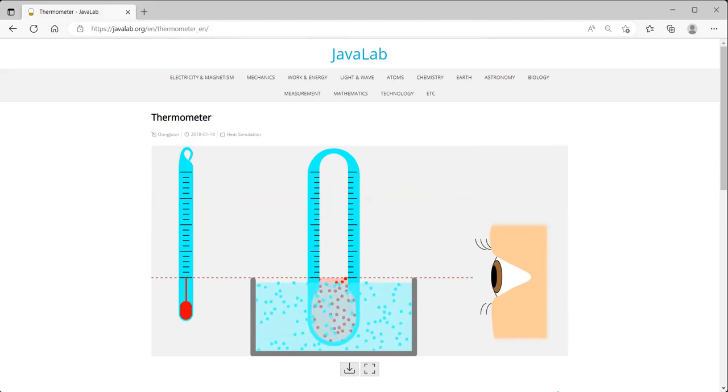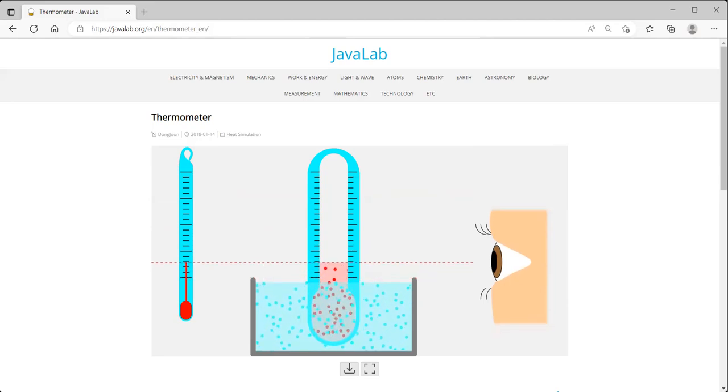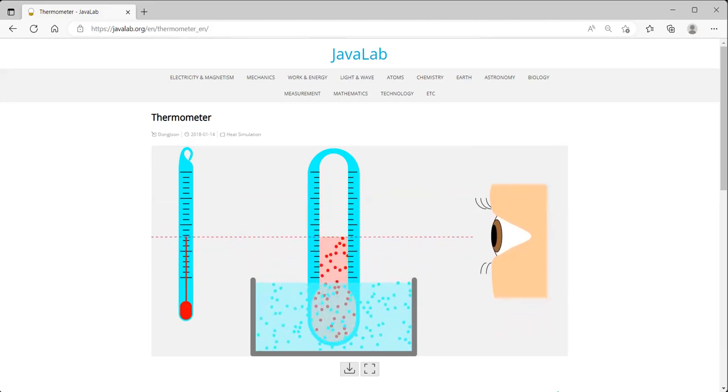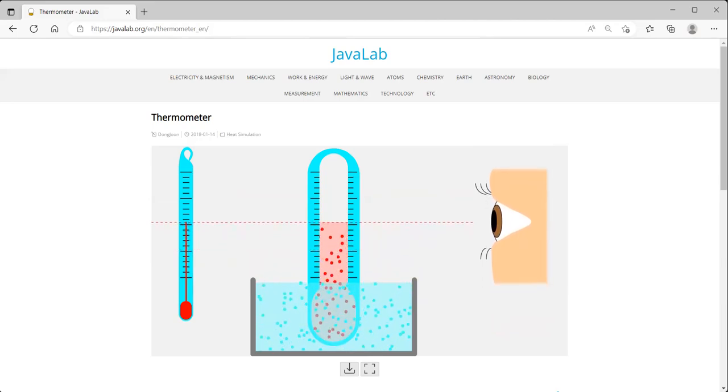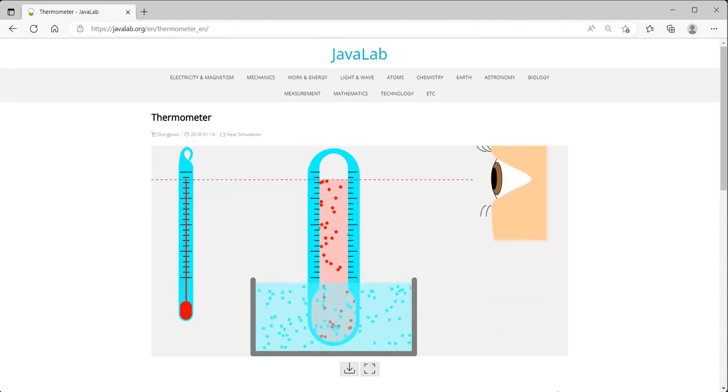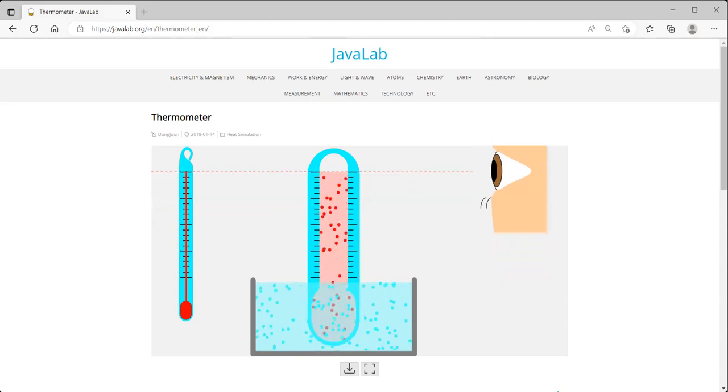They are moving, but the motion is not too fast. As the temperature is increasing, you see the molecular speed is also increasing. So the higher the temperature, the higher the speed of the molecules.